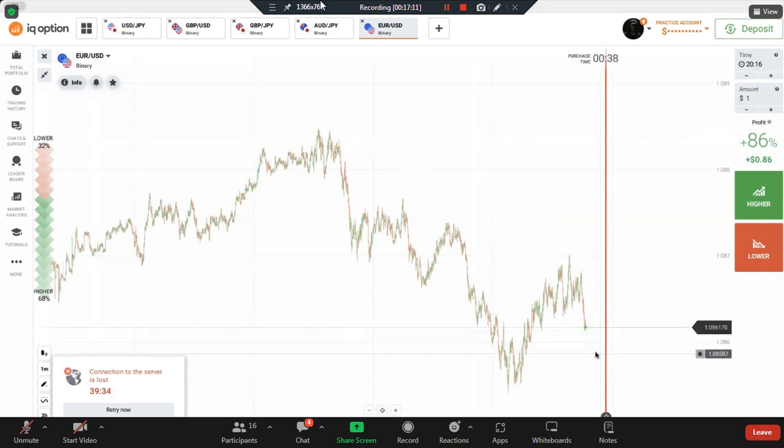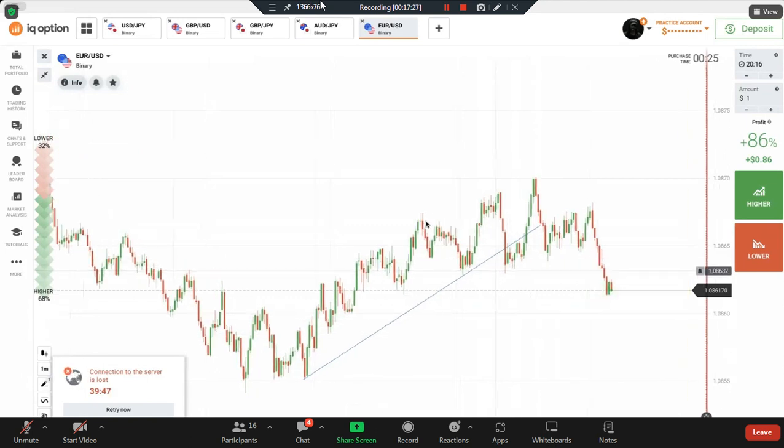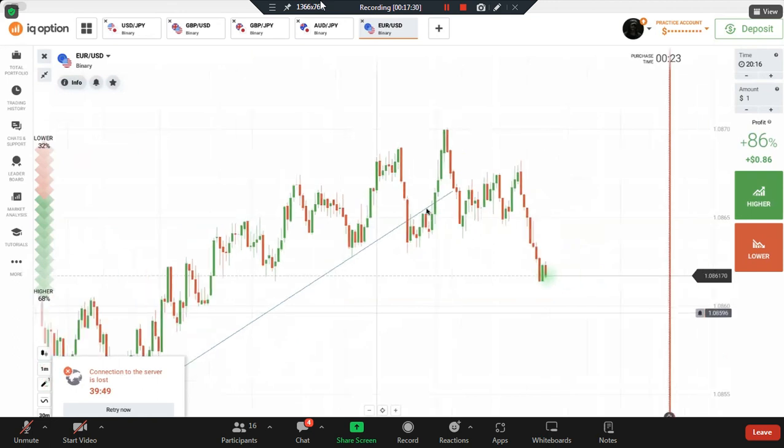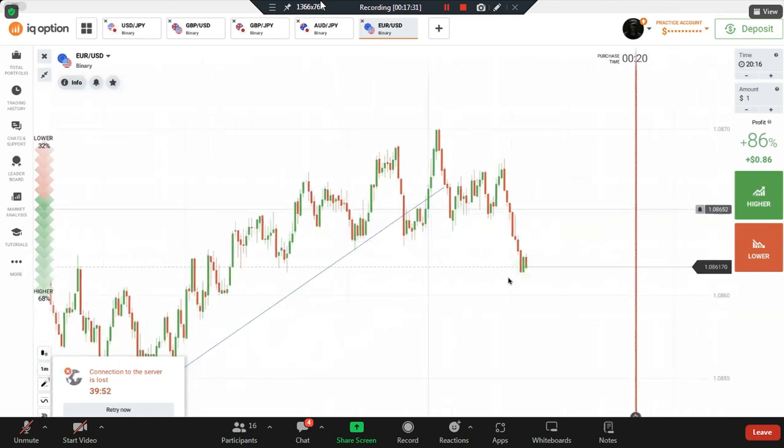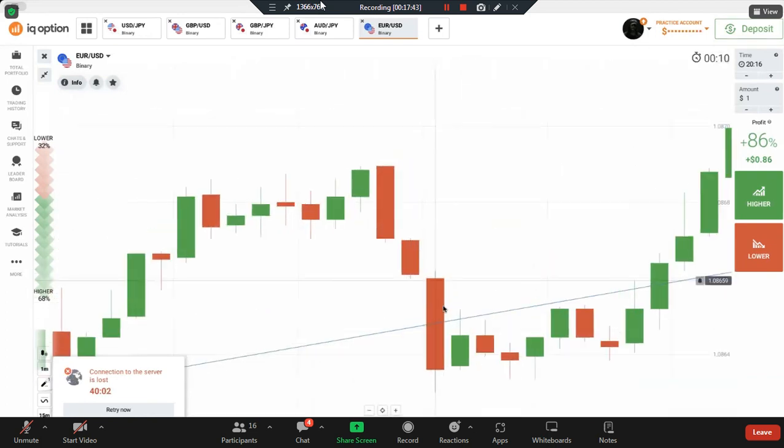So the mistake is like this: if I draw a line like this, I will fall into this mistake, right? See, this is my trend line, and I am waiting for the market to start a downtrend, and I just want to follow the downtrend, right? So I draw a trend line here, and I'm seeing here a very big volume breakout.